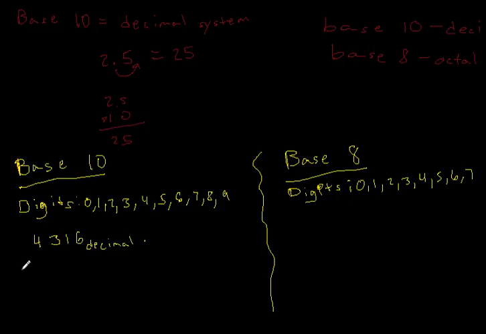This would actually equal 4,000s. We would have 300s, 10s, and 6 ones.